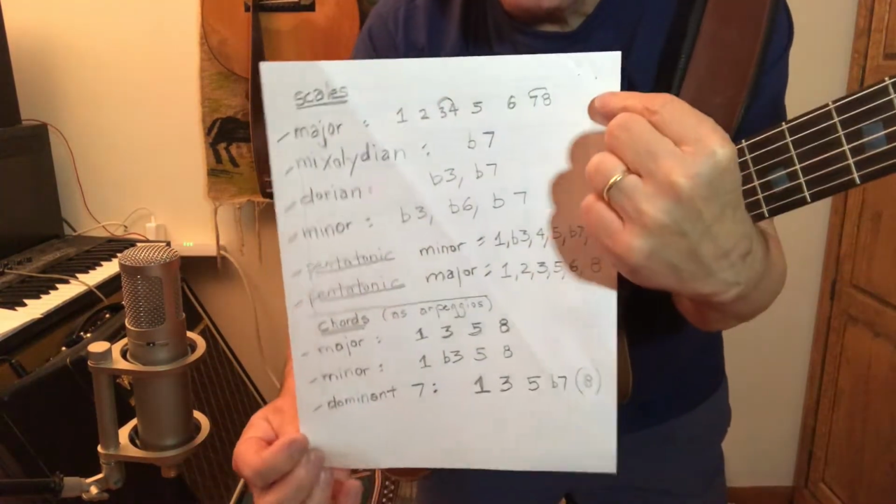Now, what we're going to cover today also is 6 scales and 3 chords. So here's what they are. Let's take a really good look at these.